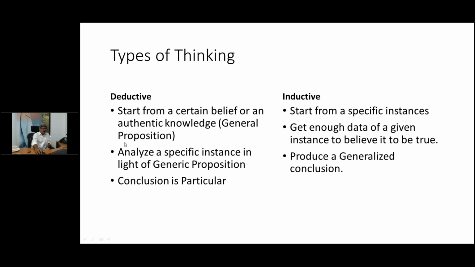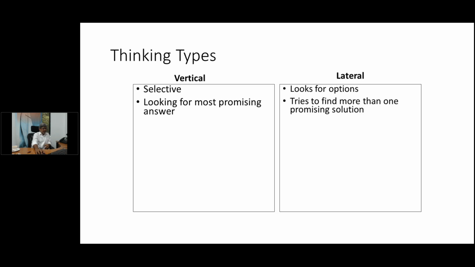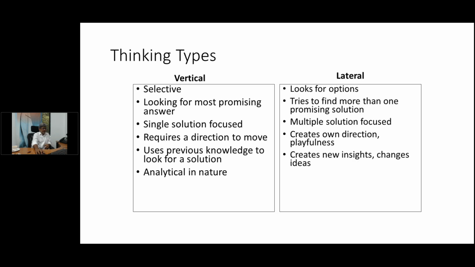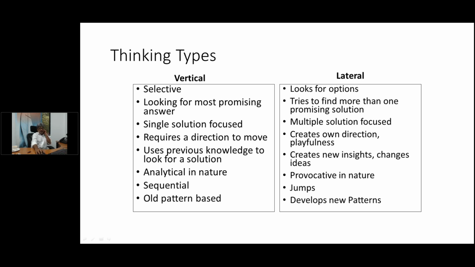This is mathematical in nature. This is statistical in nature. It is based on math. It is based on statistics. It is research oriented. Then we have different types of thinking, again convergent or divergent.